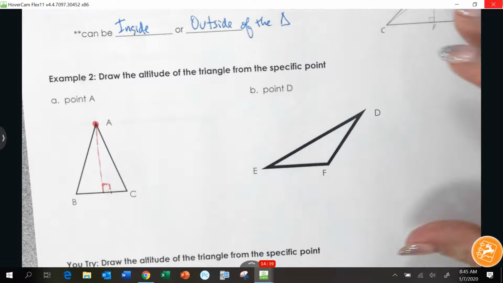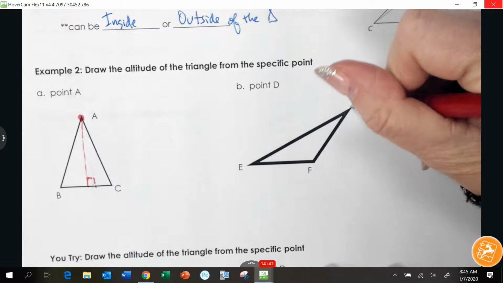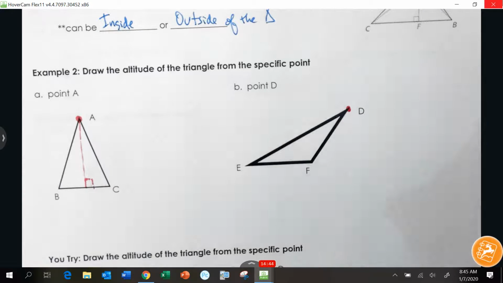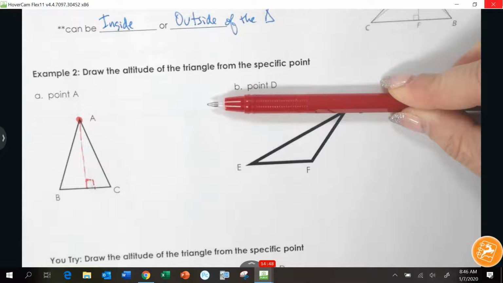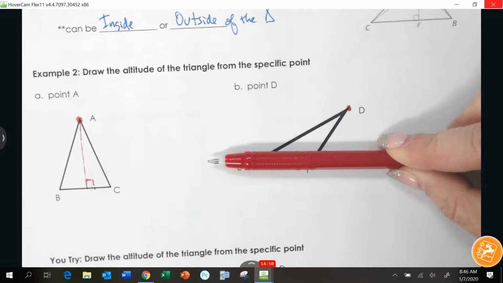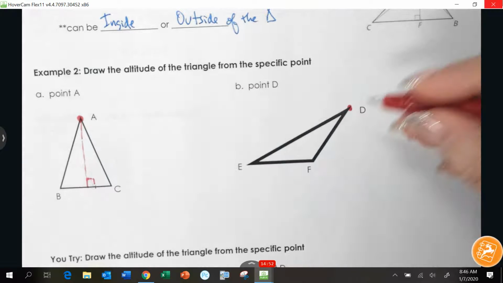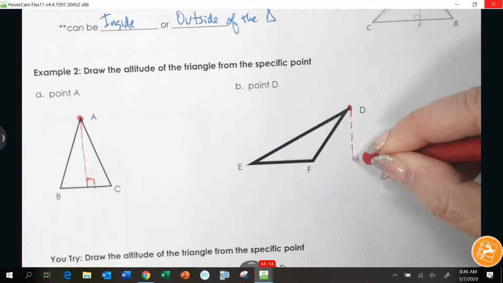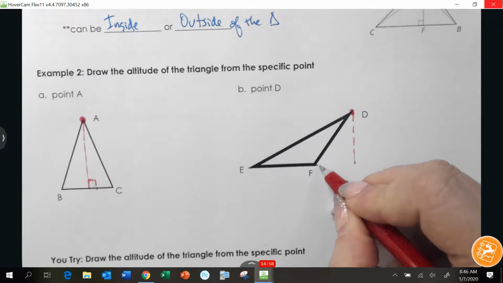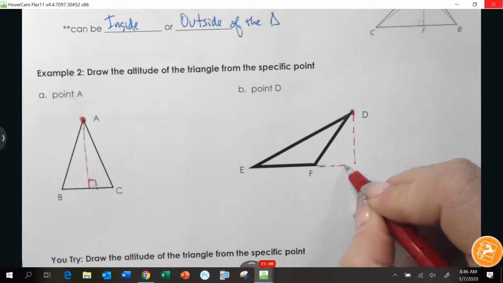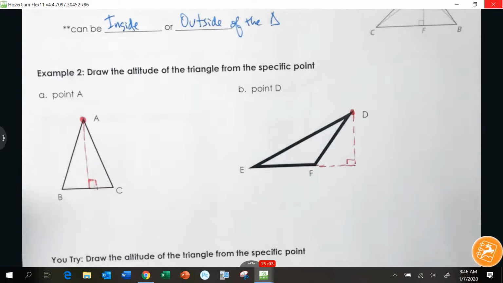Then part B says, now let's use point D. If we're talking about how tall this triangle is, then I'm going straight down to the base. It's going to go straight down, and that's not going to be inside of the triangle. So I have to extend out this base to show where the altitude would be.